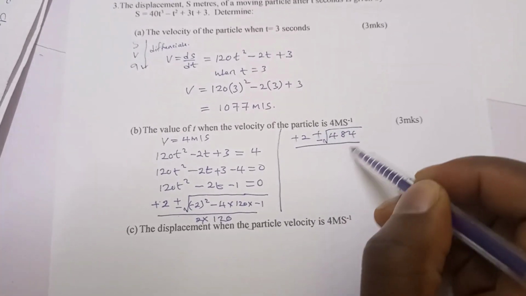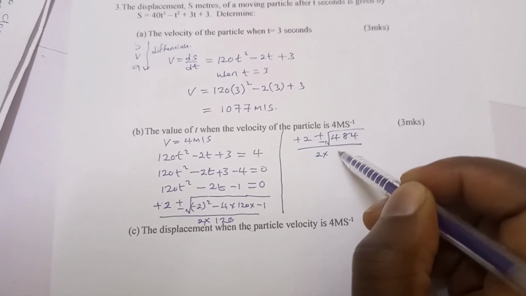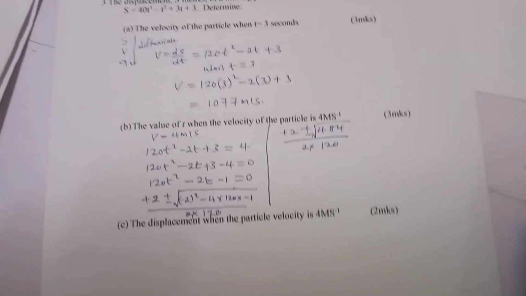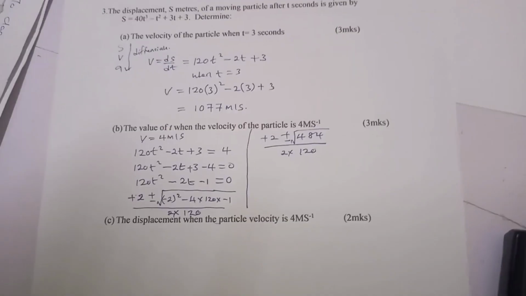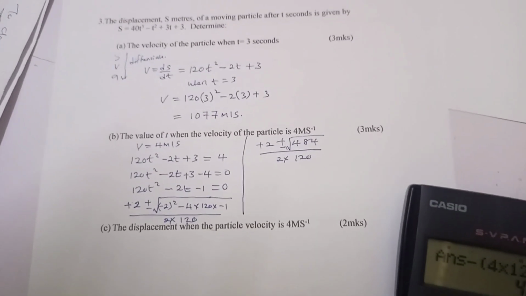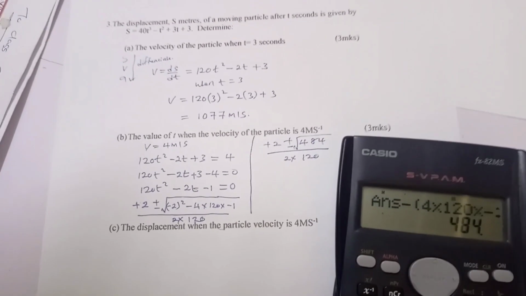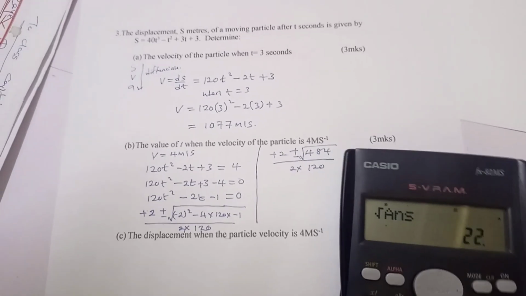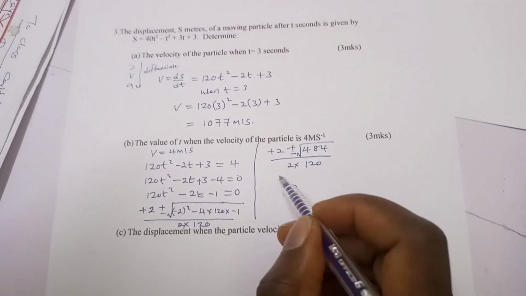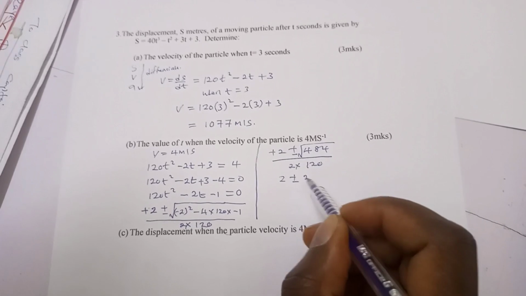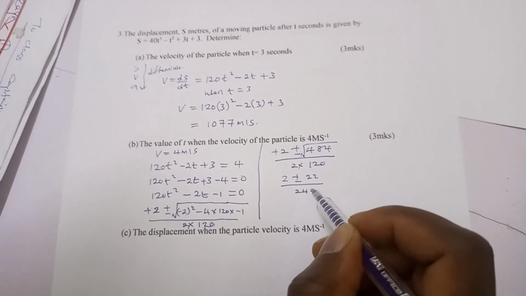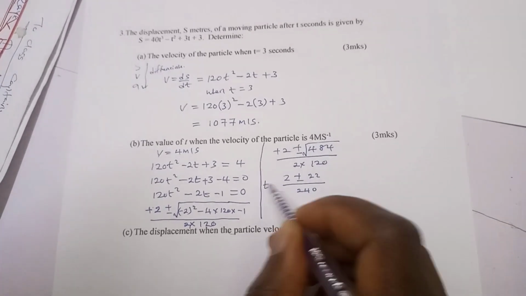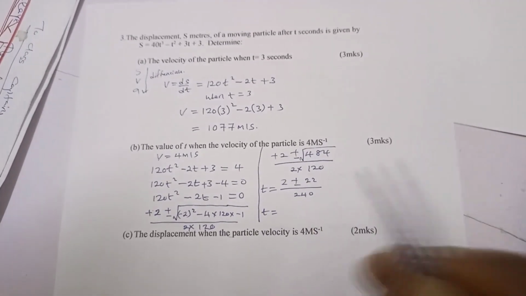The square root is divided by 240, or 2 by 120. The square root of 484 is 22. So we have 2 plus or minus 22 divided by 240, and we are going to get two values of t.